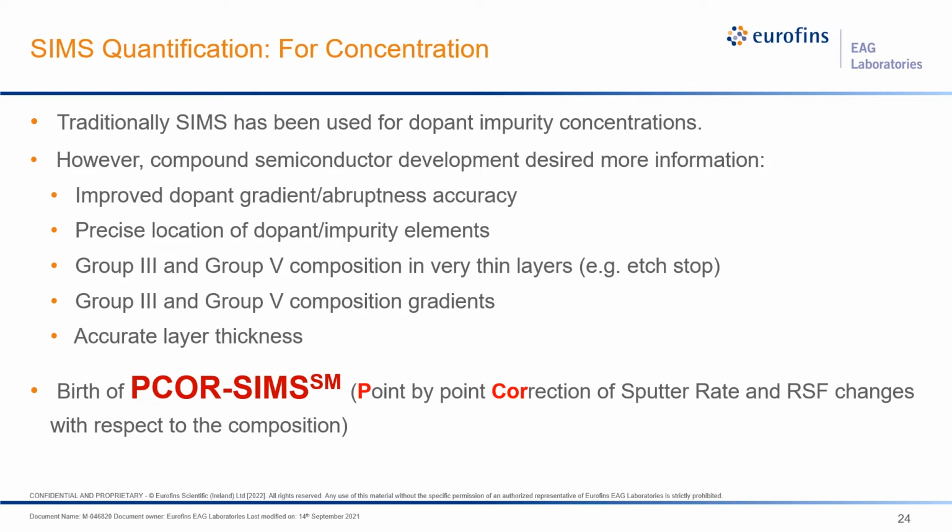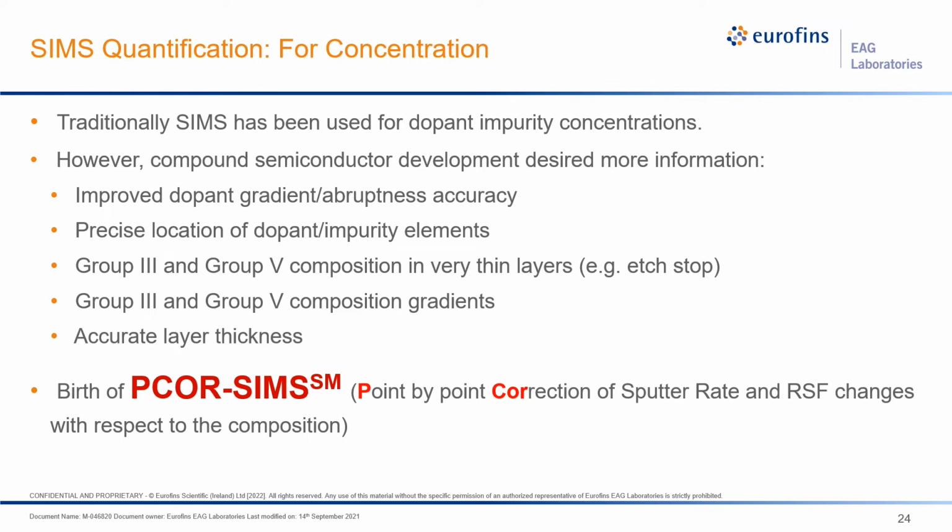But also they were looking to get the matrix element quantified, because some of these elements are in very thin layers, like an etch stop, and they often have gradients, which makes it very difficult to be measured by the standard methods that they have in-house.